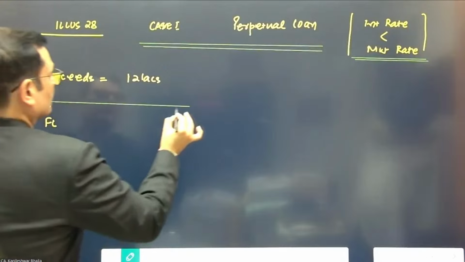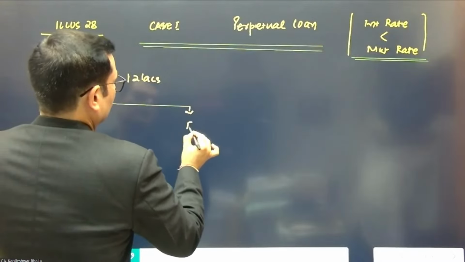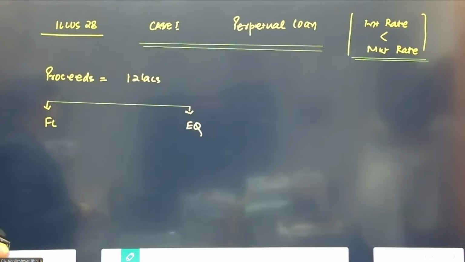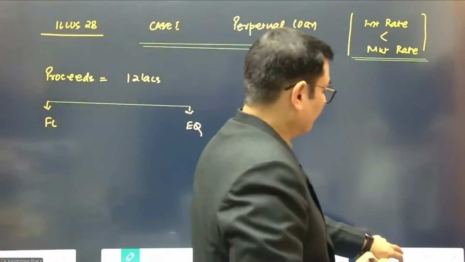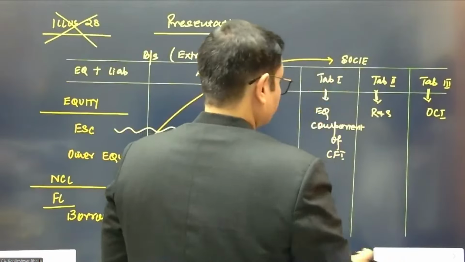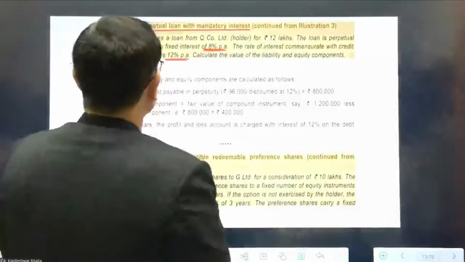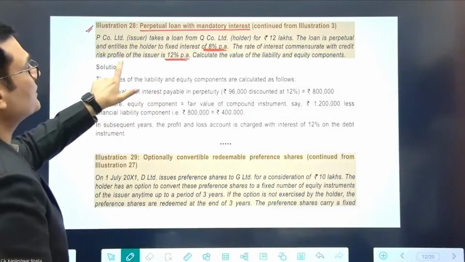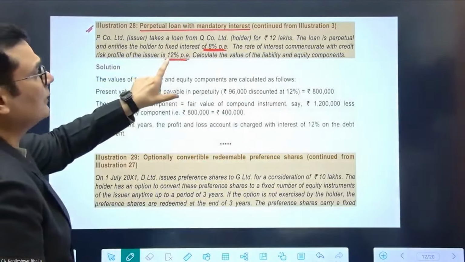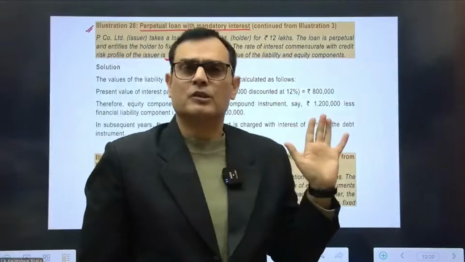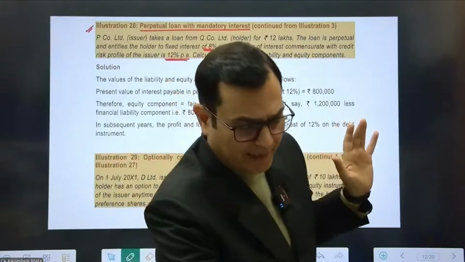So we'll take the financial liability and we'll take the equity component as a balancing figure. So when you consider the financial liability element, what is the interest we are paying? We are paying interest at 12% forever. So what is 8% on 12 lakhs?